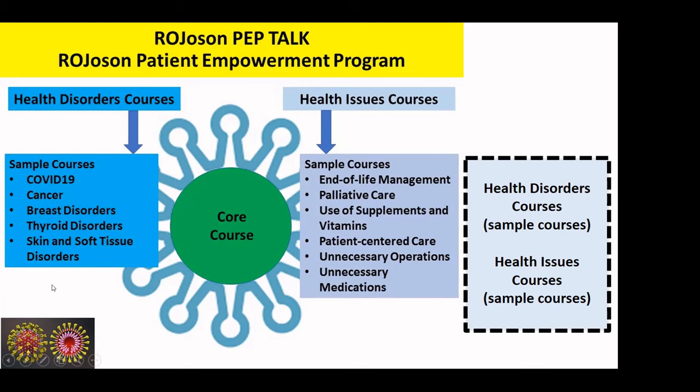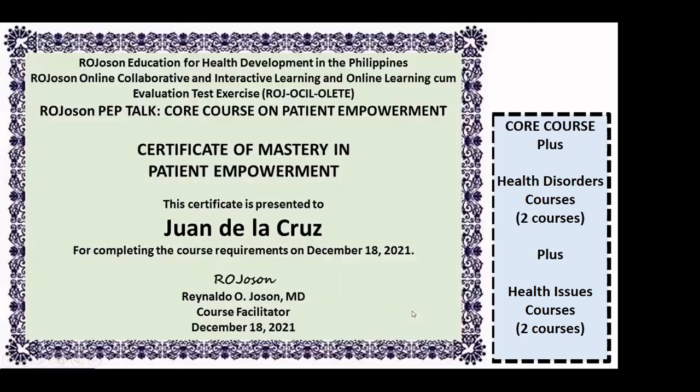There will be more. Examples of health issue courses will be end of life management, which is also very important, palliative care, use of supplements and vitamins, patient-centered care, unnecessary operations, unnecessary medications. These are just sample courses which I still have to formulate.